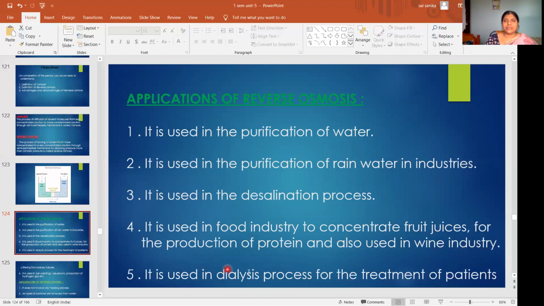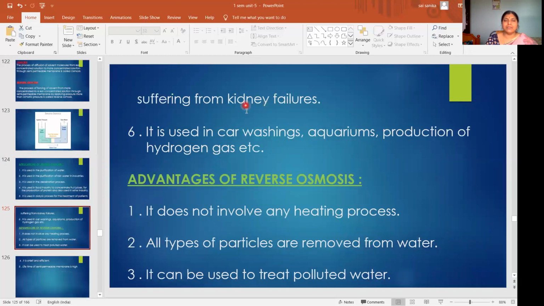It is also used in dialysis for the treatment of patients suffering from kidney failure, and in car washing, aquariums, and production of hydrogen gas. These are the applications of reverse osmosis.